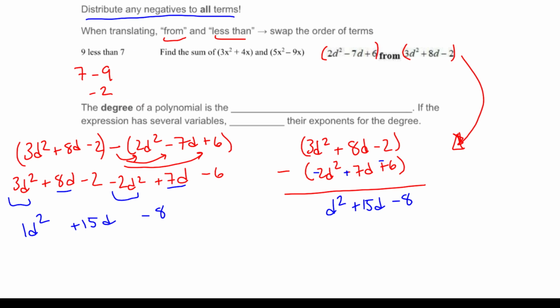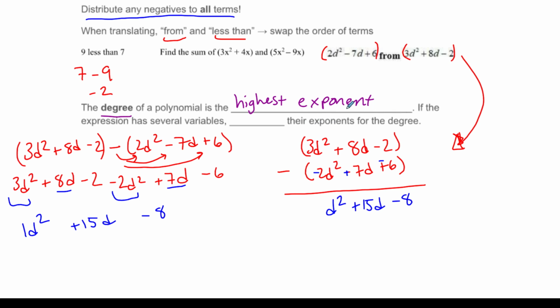Here's a really, really important piece of vocab here. When I talk about the degree of a polynomial, what I mean by that is, if you look at the polynomial, it's the highest exponent that you can see.